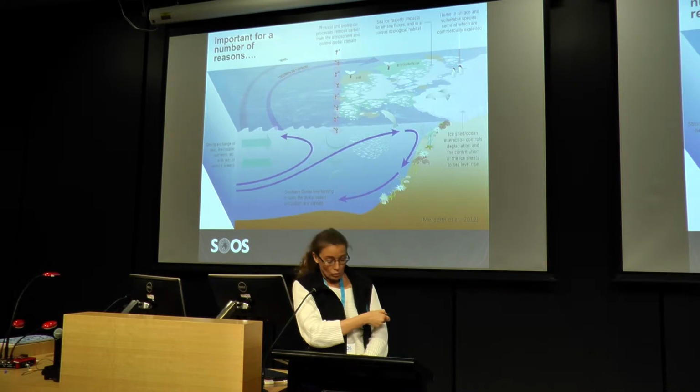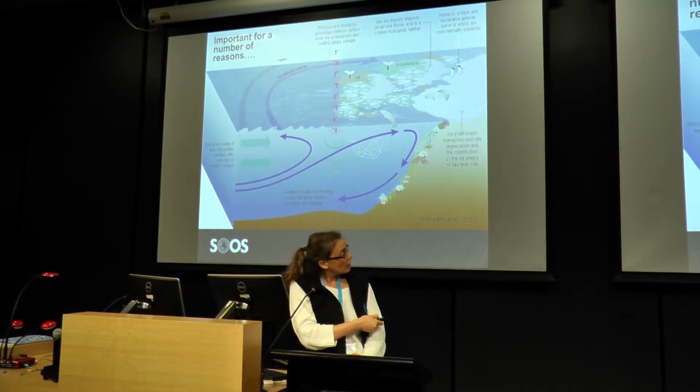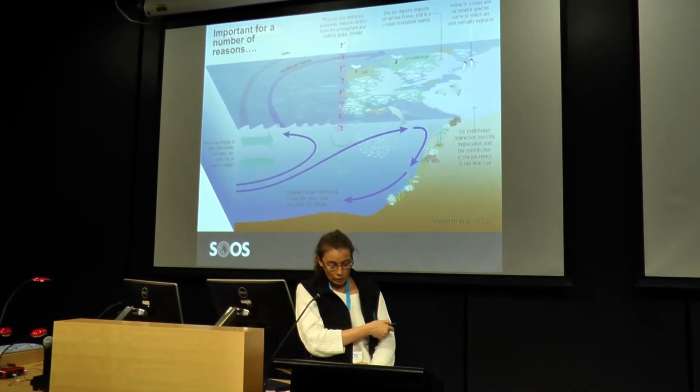This water comes in contact with the surface, so you have surface fluxes going on. You have sea ice freezing and melting, dense water creation, carbon dioxide being removed from the atmosphere together with other gases.